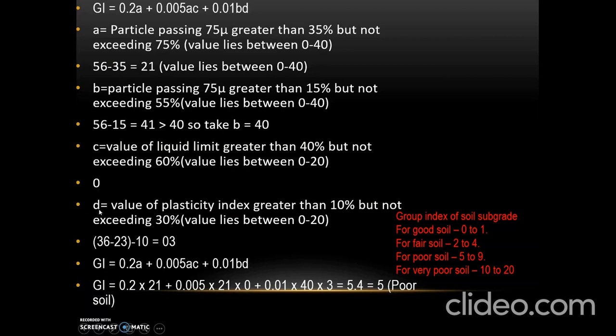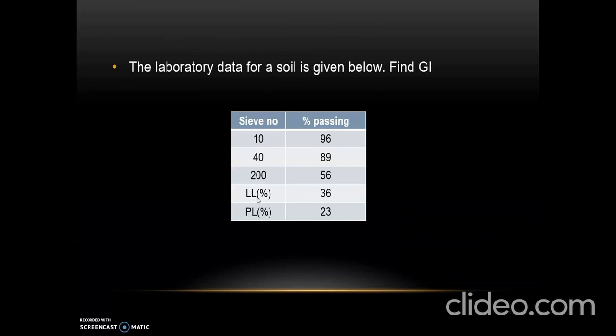Next is D. D is the value of plasticity index greater than 10% but not exceeding 30%. Its value should lie between 0 to 20. We know the formula to find D. The formula to find D is IP, that is plasticity index, minus 10. Here in the problem, plasticity index, that is IP value or PI value, is not directly given.